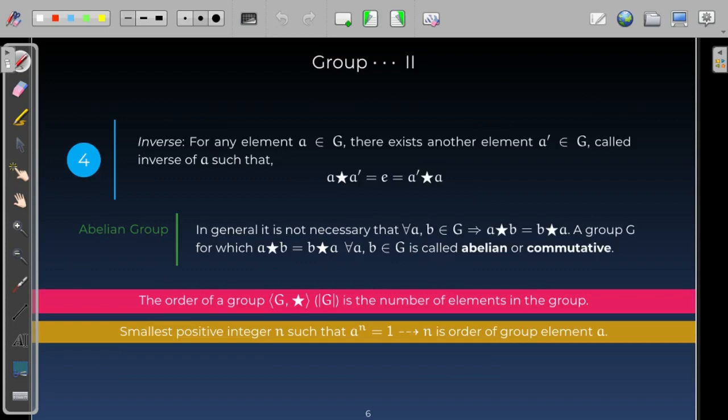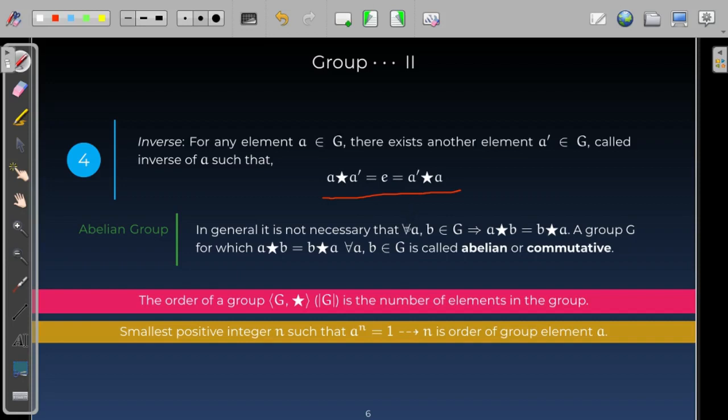For any element A in G, there exists another element A dash in G called the inverse of A, such that A star A inverse is equal to the identity element E. This is the definition of inverse. If this operation star is addition, then A dash is called the additive inverse. If this star is multiplication, then it is called the multiplicative inverse, and we will see about them in a few minutes.